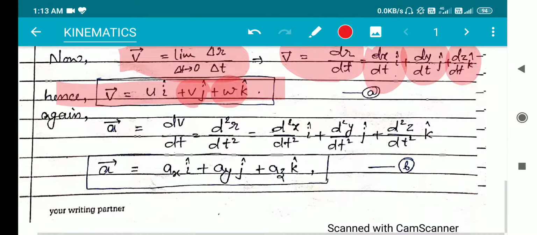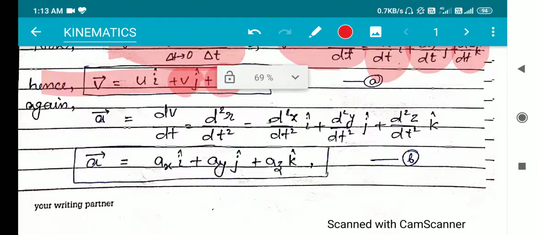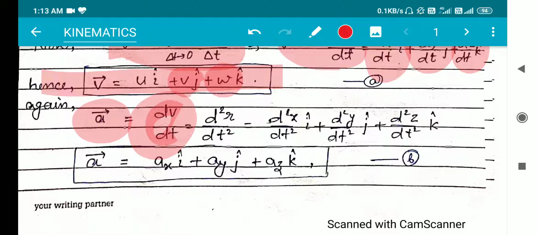Now consider acceleration. We know acceleration is the rate of change of velocity with respect to time, and you may also write it as the double differentiation of position with respect to time.